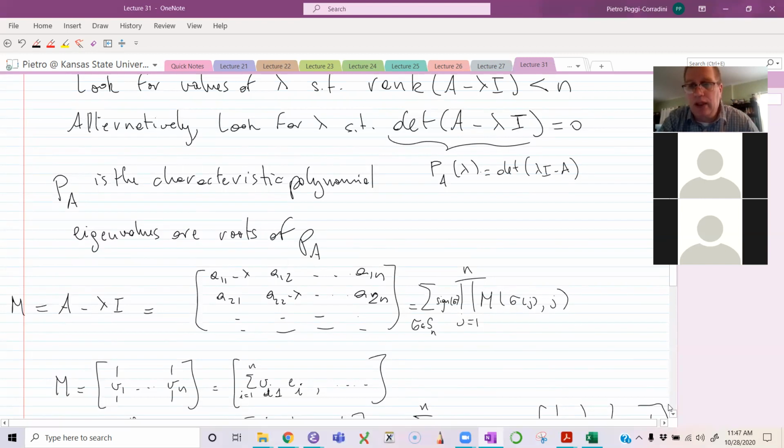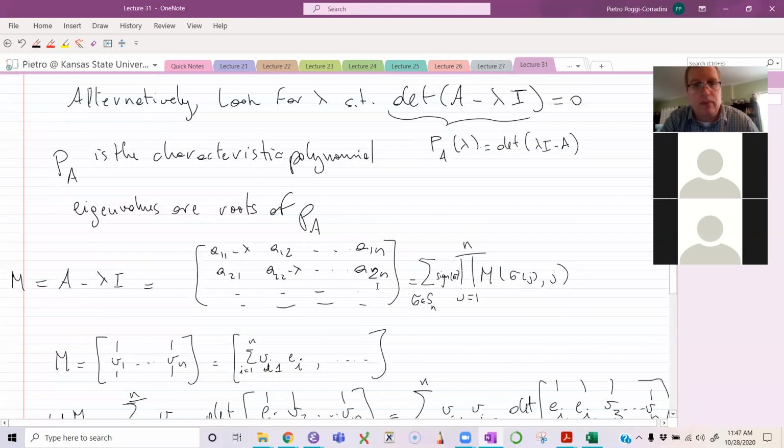They are different by a sign, but the sign depends on the dimension of the matrix, right? Because when you pick the diagonal elements here in this product, you're going to get minus lambda times minus lambda n times, right? Minus lambda to the n. So in order to avoid that, I do lambda I minus A, and then I'm going to get lambda to the n as my leading term.